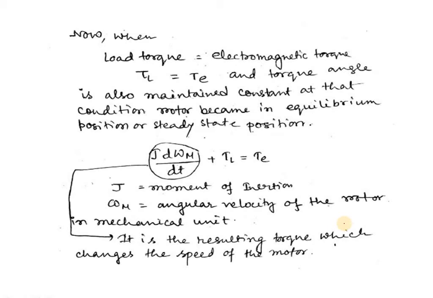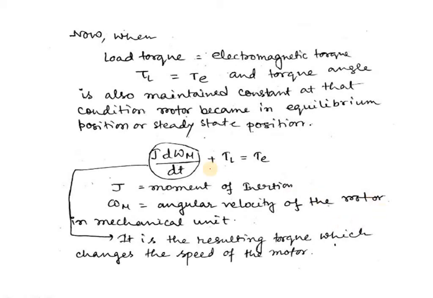So it will be J d omega m by dt plus tau L equals tau E. That means the load torque should be equal to the electromagnetic torque, and if this condition persists, then the rotor will be at equilibrium position. But due to the sudden change in load, they will not be equal. That means TL is not equal to TE.